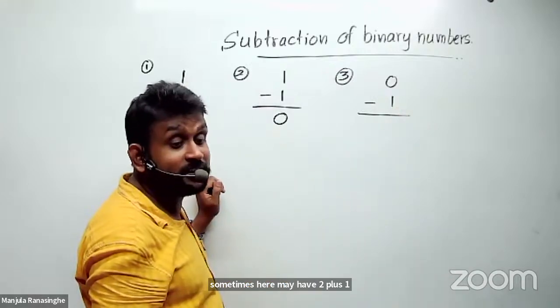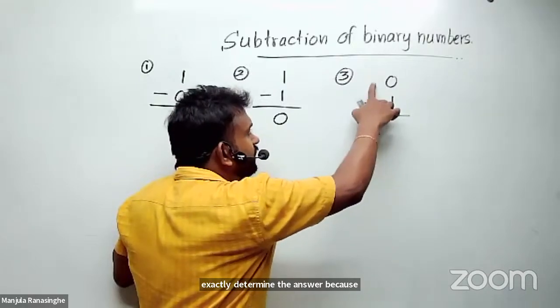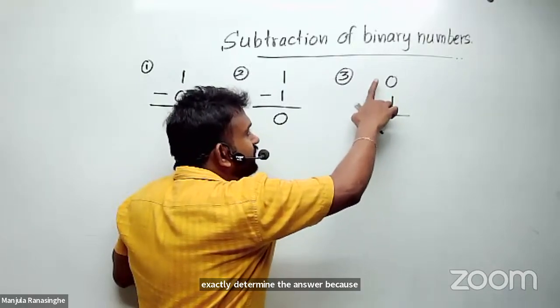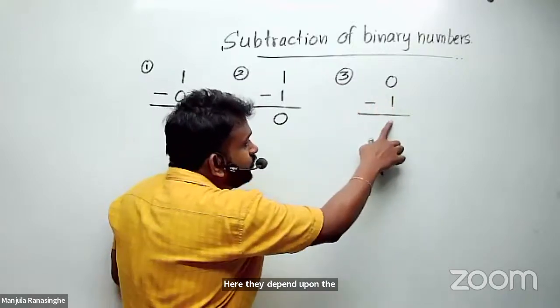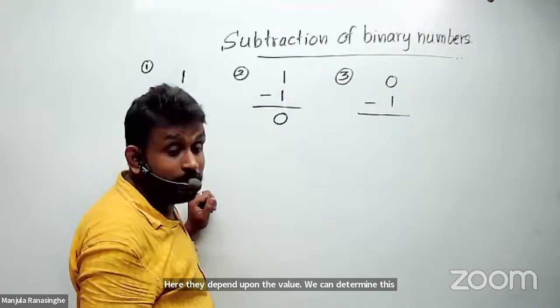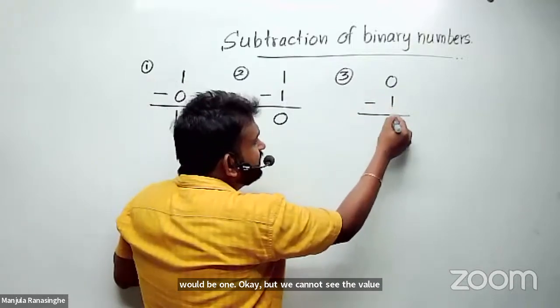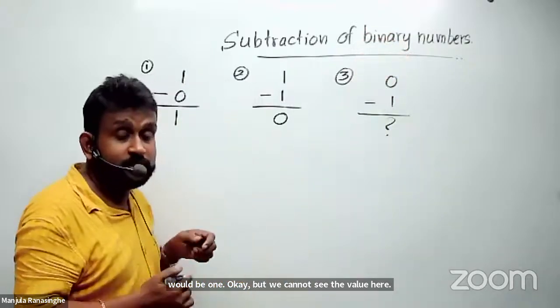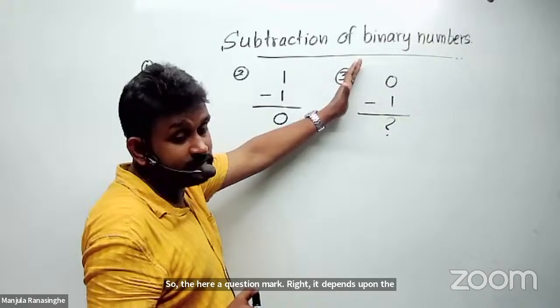So we cannot exactly determine the answer because it depends upon the value here. We can determine this would be 1, but we cannot say the value here. So here a question mark, right? It depends upon the values beyond that, right?